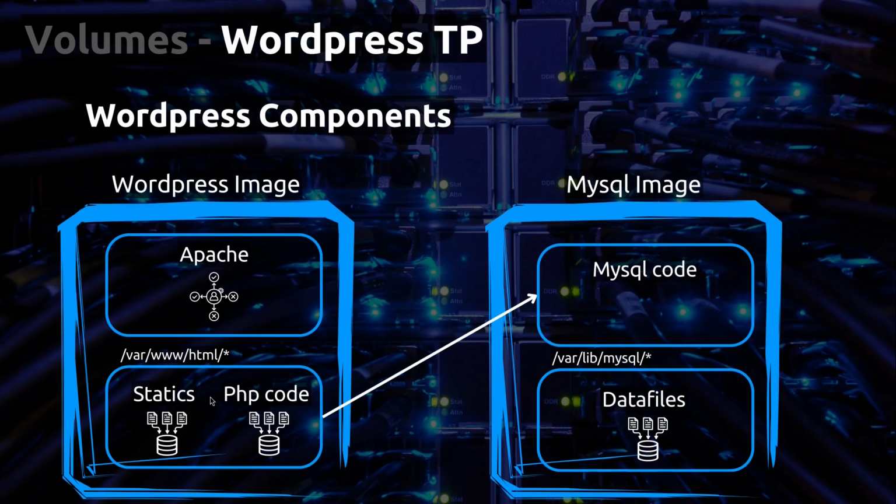And we can imagine that you need to store some statics, and they can be stored in a specific directory of your WordPress. So take care about it. It's just an exercise. The goal today is not to create a real, production-ready WordPress.